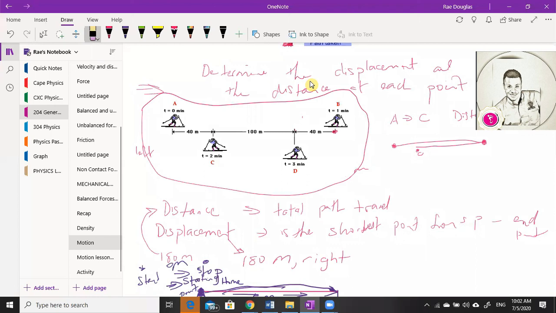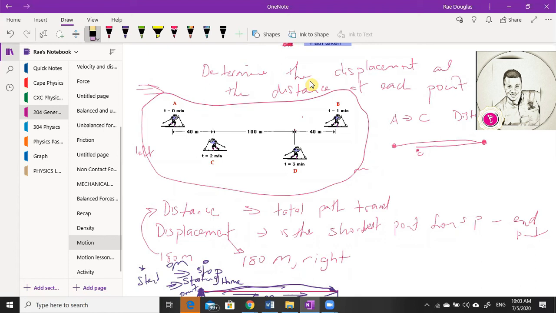Distance is the total part that you traveled. Displacement is the shortest distance between the starting and the ending point. So you have to look at where is my starting point, where is my ending point, and what is the distance between them. That will determine your displacement.